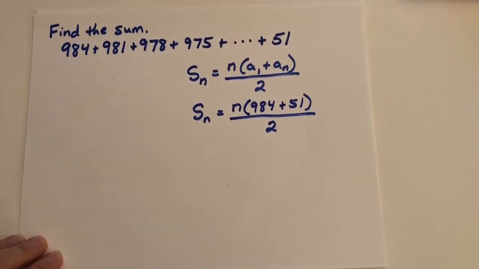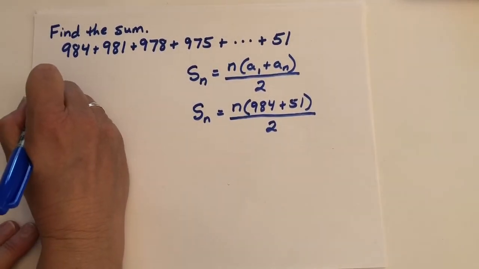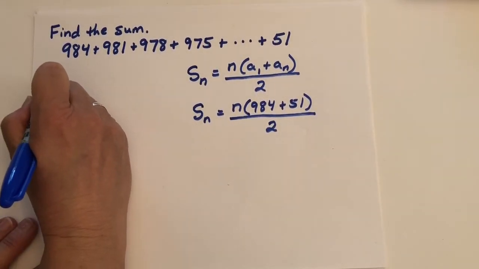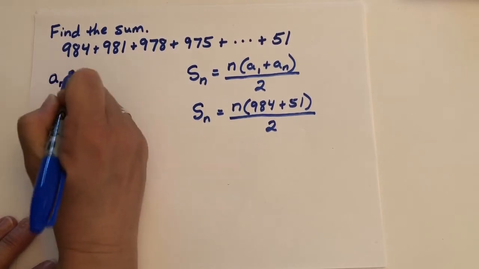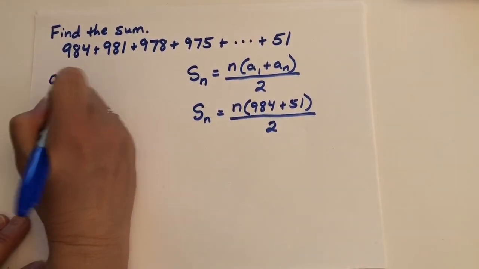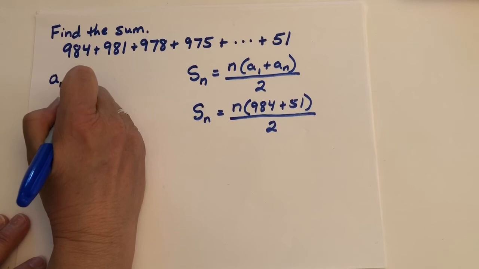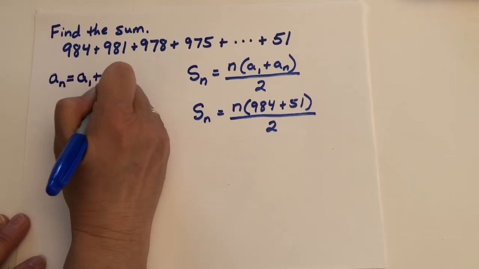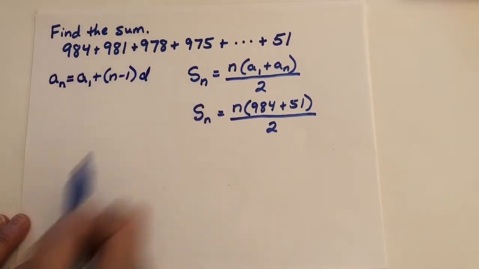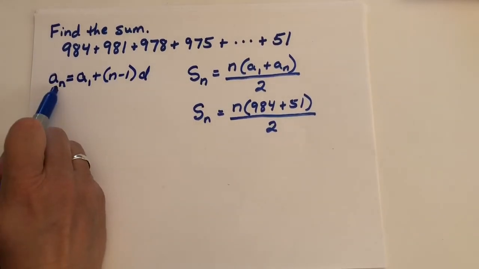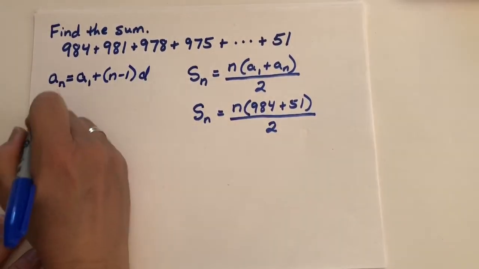And that brings me back to that other formula again. These two formulas get used in conjunction frequently, and it's our other one that we have for our arithmetic sequences, and it relates the terms to each other. The nth term and the first term are related this way. So we know the nth term is 51.